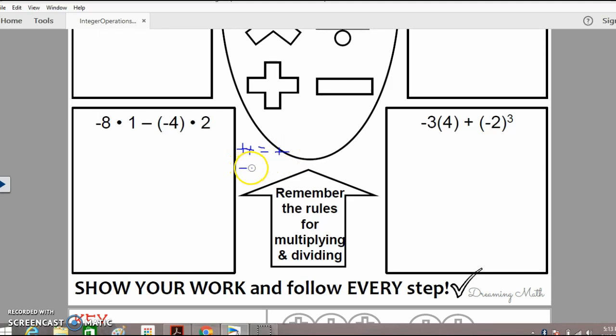Even if they're both negative, the negative cancels it out. If you multiply by the opposite, you get the opposite. So if I'm multiplying a negative by a positive, I'm going to get a negative. If I start with a positive, oh, sorry about that, and multiply by the negative, I'm still multiplying by the opposite, and that gives me a negative.